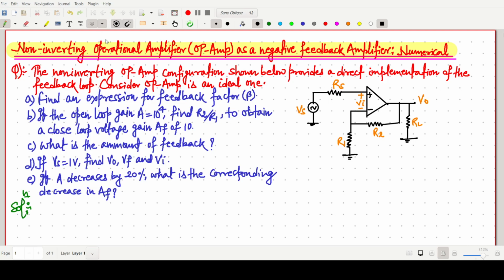For the time being, I am just showing you that this path is our feedback network, and this part is our amplifier section.